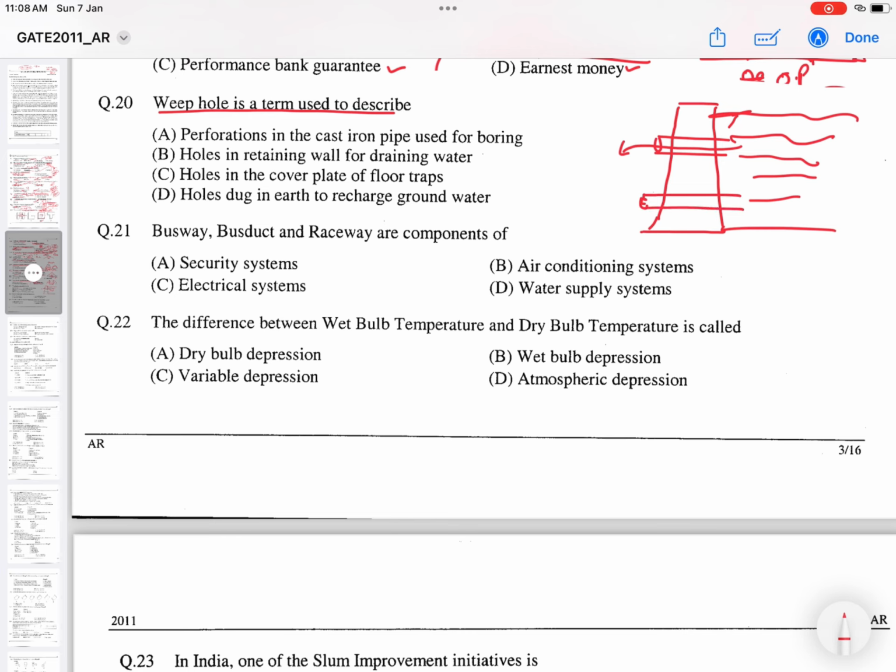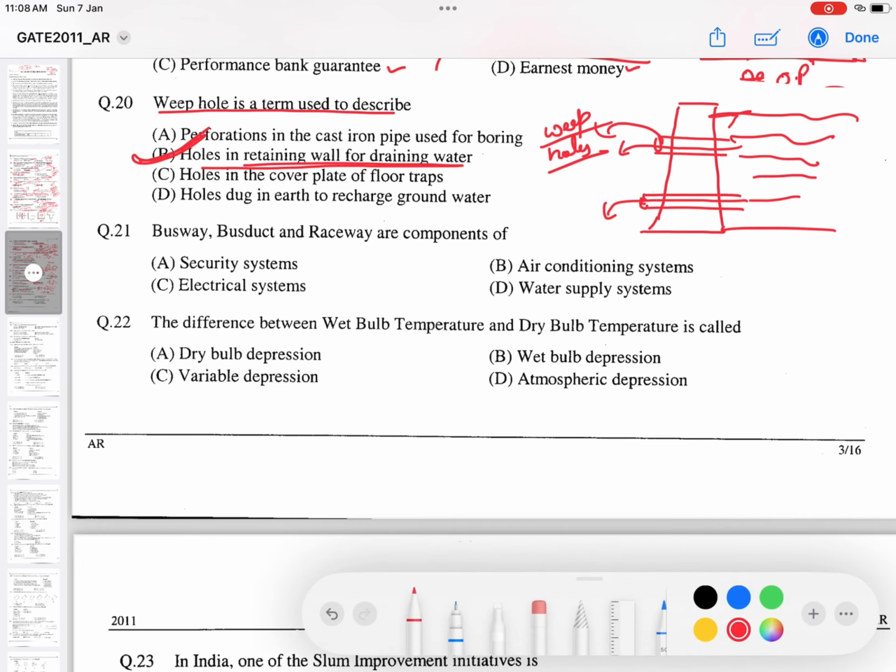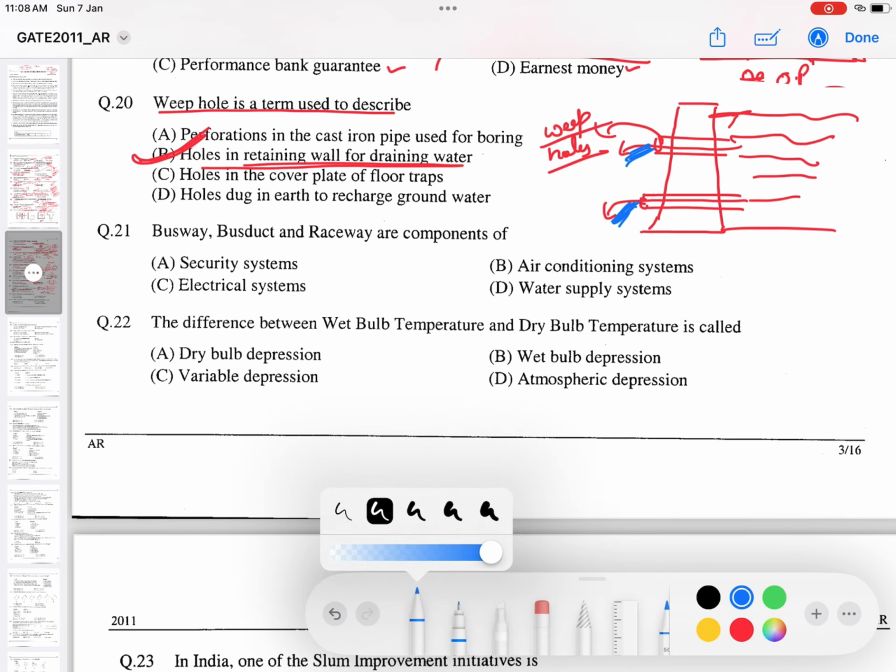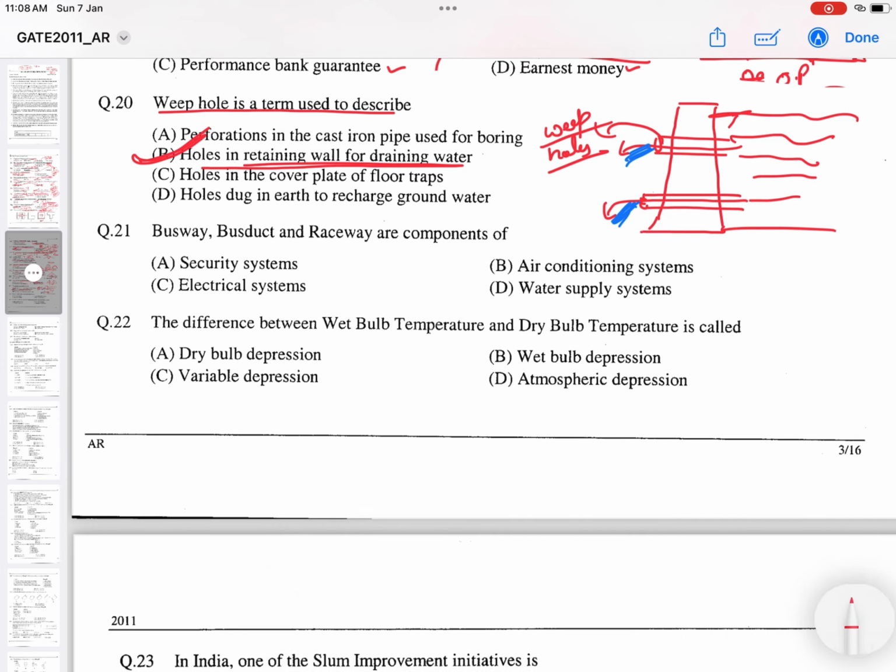You will see much of it in hilly regions. So these are called weep holes. Now coming on to the option, holes in the retaining wall for draining water.